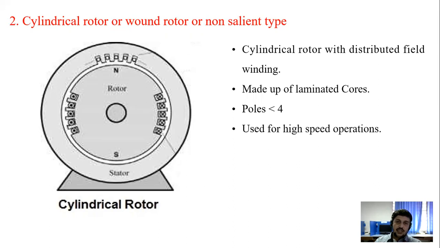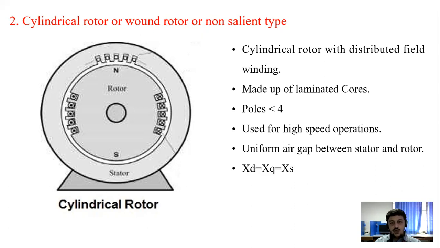As the air gap is uniform, the direct axis reactance XD and quadrature axis reactance XQ are both equal, and they are equal to the synchronous reactance XS. This is only due to the uniform air gap between stator and rotor.